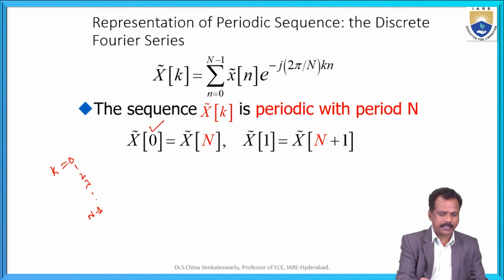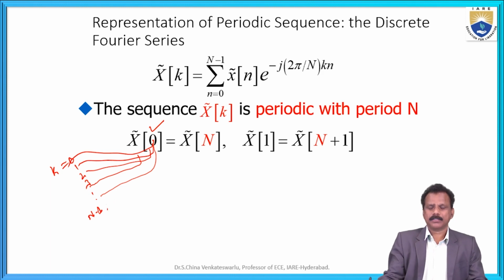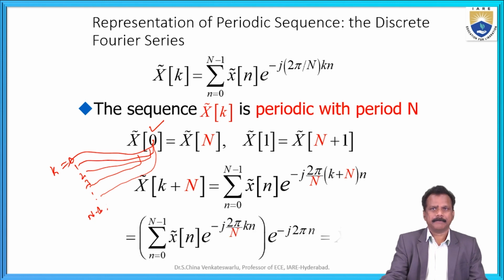Like this, go on substituting 0, what happens? Where k equal to 1, k equal to 2, k equal to 3, k equal to 4, and so on up to N minus 1. It is also where X of k is equal to X of N, X of 1 is equal to X of N plus 1, and so on. So X of k plus N is equal to the summation n equal to 0 to N minus 1 of x of n into e power minus j 2 pi by N of (k plus N) into n.